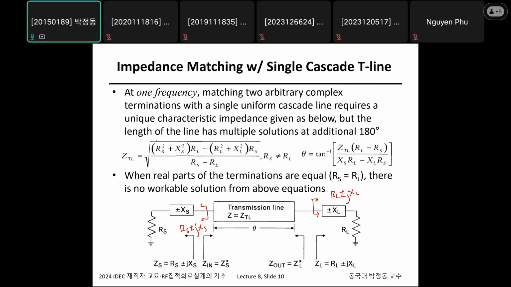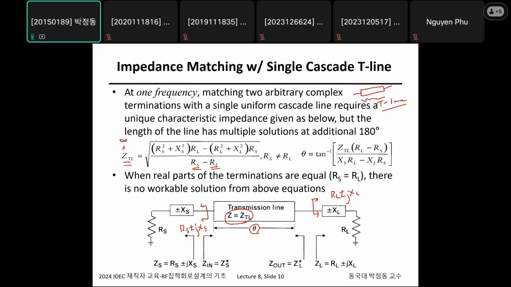Then you can just make a matching between the two by controlling the characteristic impedance and zeta. This is very powerful because you can achieve an interstage matching using only a single T line. This is very amazing, right? However, we notice that based on this equation, right? If RS is the same as RL, then GL is infinite.